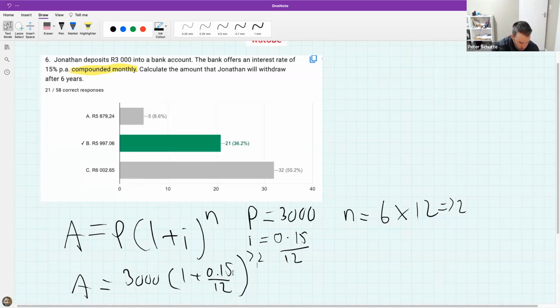And so 3,000 times (1 + 0.15/12) to the power of 72, and we should be getting 7,337.76.